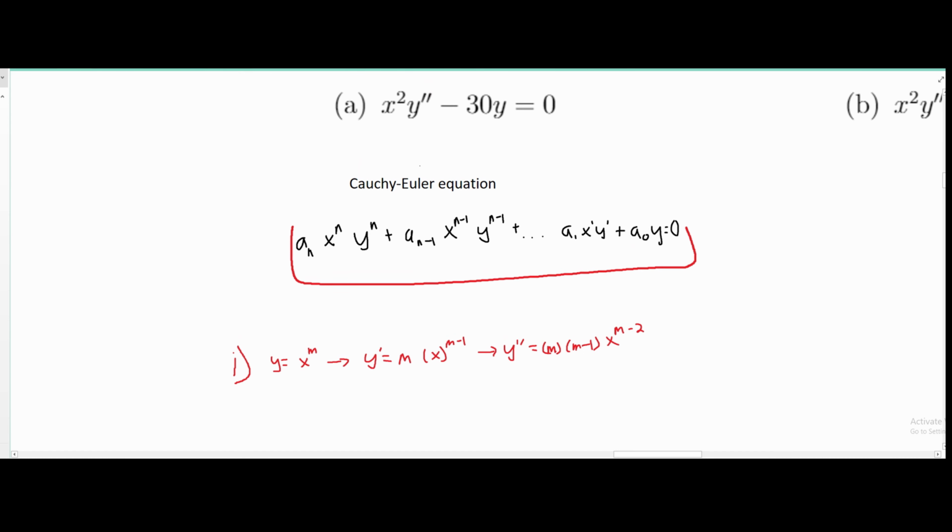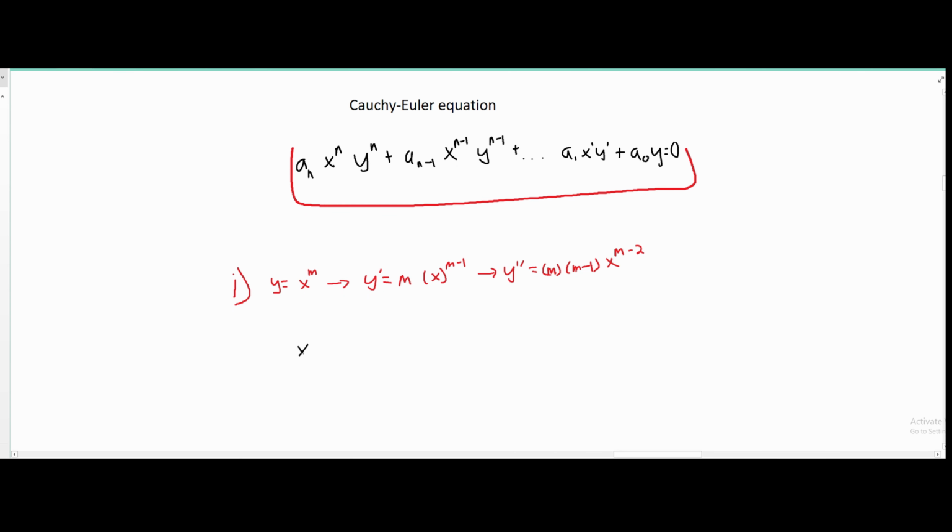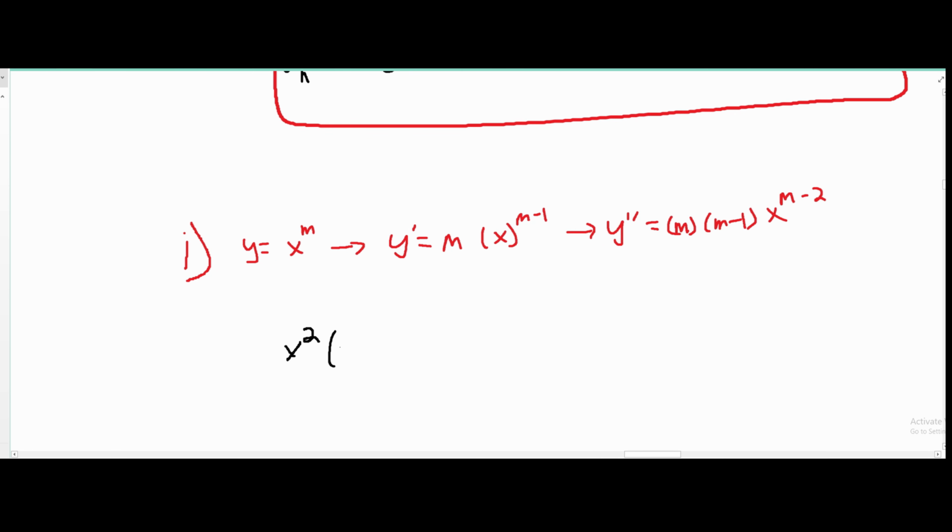So we have this now, and we need to plug in our values. We have x squared times our y double prime value. And if we plug this in, we're going to see that we have our x squared. And it's a good time to really break up these terms. So instead of writing x to the m minus 2, we can write x to the m times x to the negative 2.